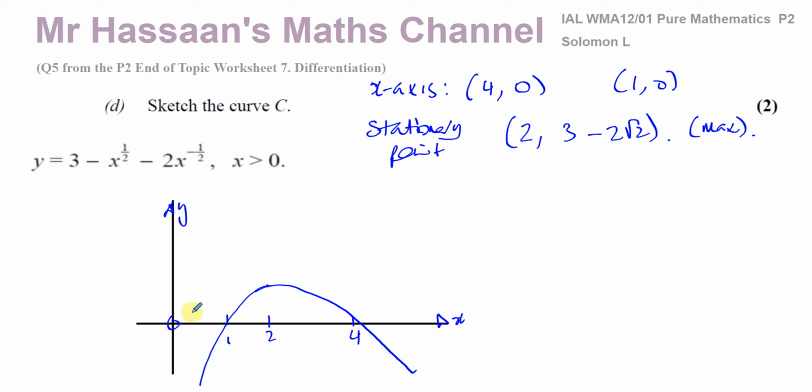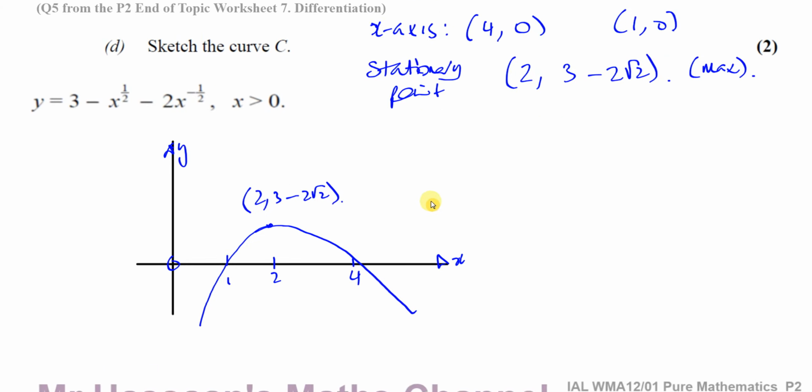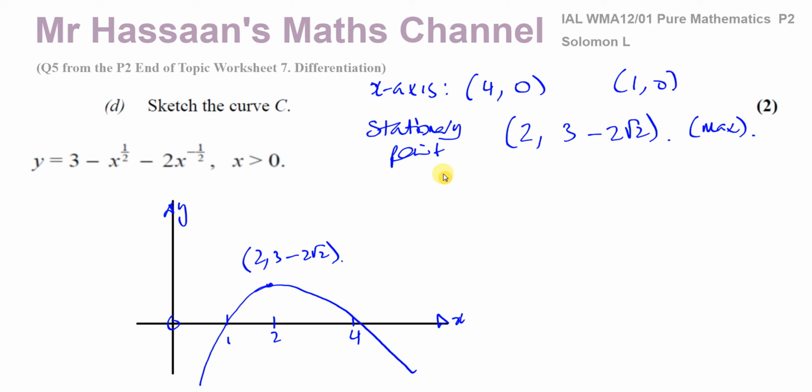You don't have to have anything more elaborate than that. You could write down here 2 and 3 minus 2 root 2 as the stationary point, which is about here. So there's the sketch for the curve C. That's about as much detail as you need to go into, and there we have the answer to this question.